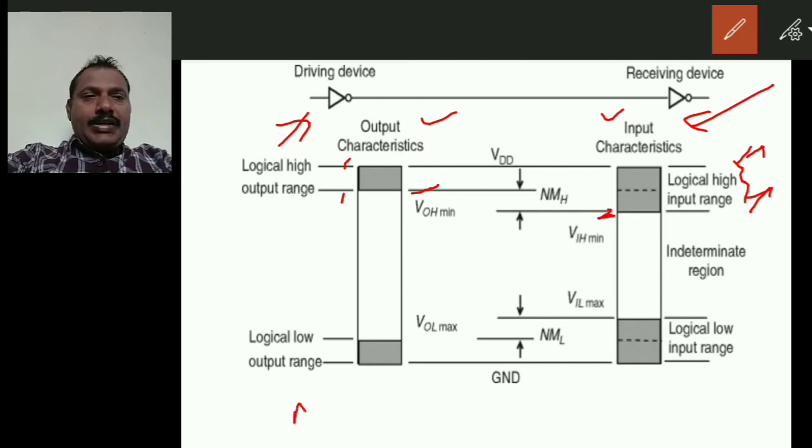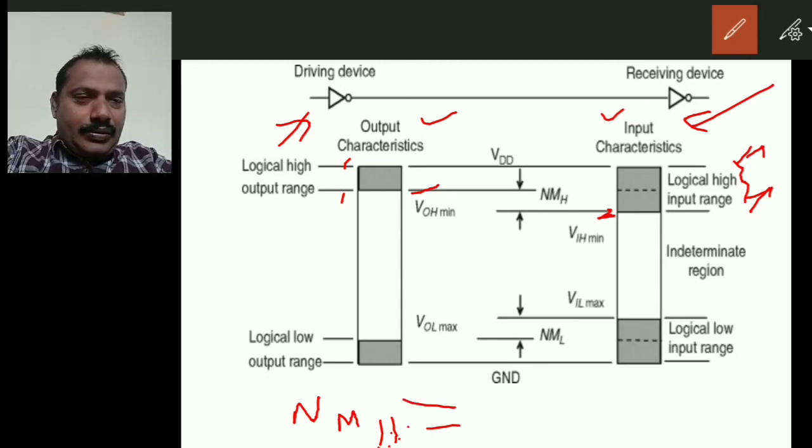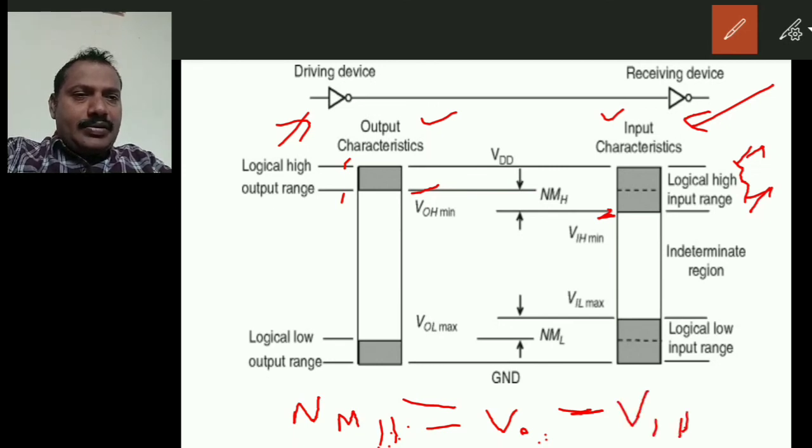So noise margin for logic high equals VOH minimum minus VIH minimum.